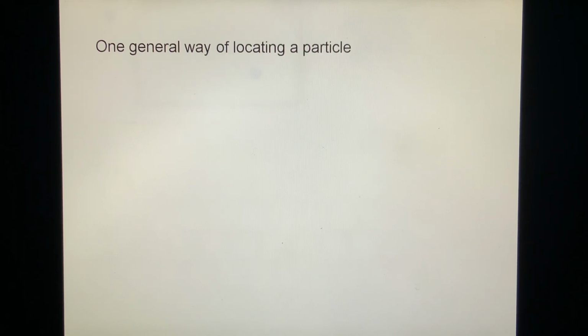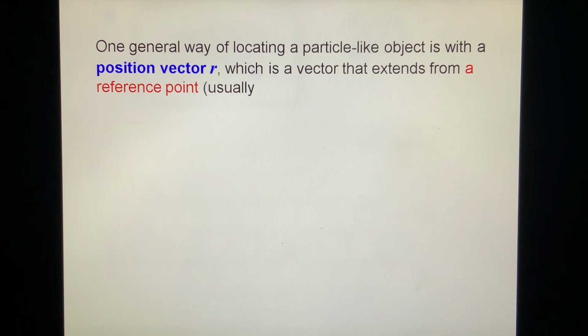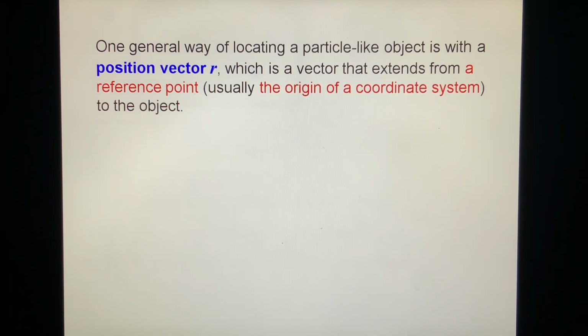One general way of locating a particle-like object is with a position vector r, which is a vector that extends from a reference point, usually the origin of a coordinate system, to the object.